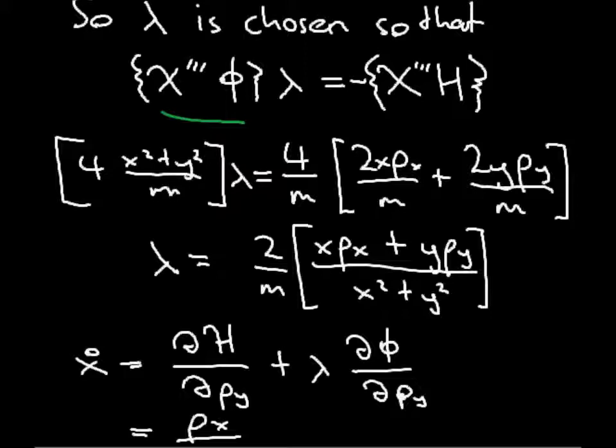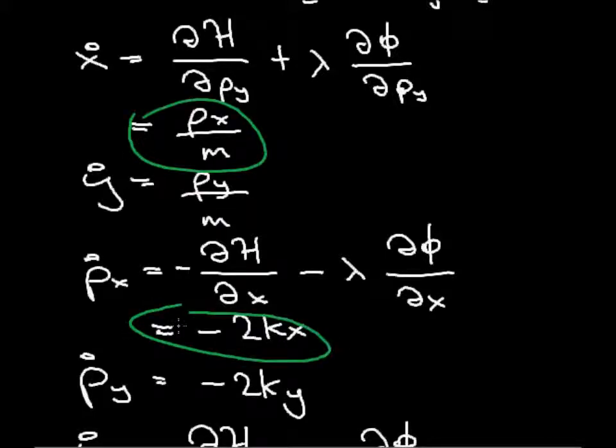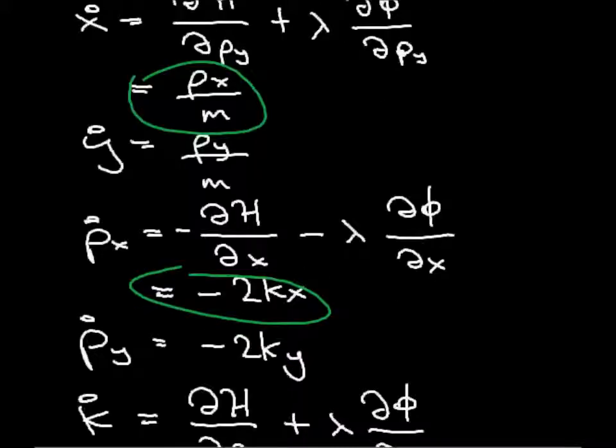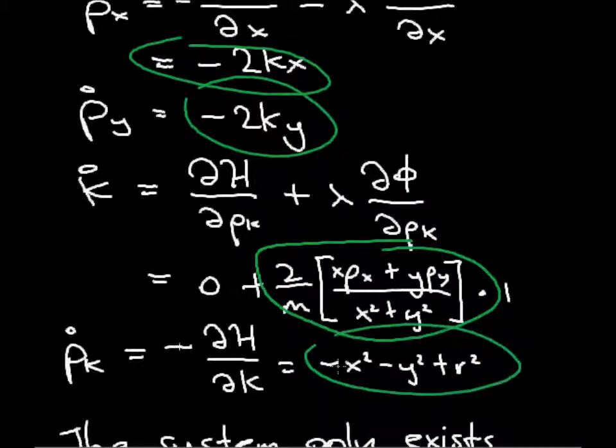Here are the equations of evolution. It's simpler than it looks because we're only interested in the physical manifold, the points in the four-dimensional phase space that satisfy all the constraints we found. In particular, k dot and pk dot both equal 0 because these are constraints.